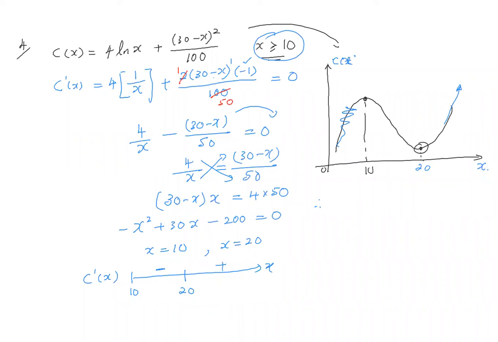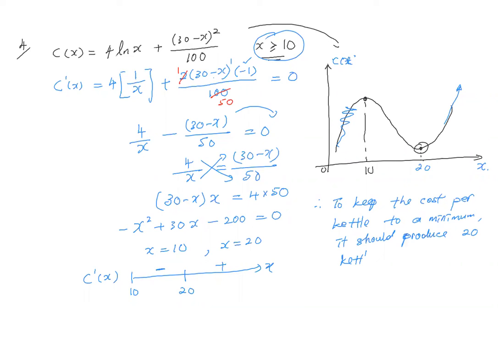They say, how many cattle should be manufactured to keep the cost per cattle to a minimum? It should produce 20 cattle per day.